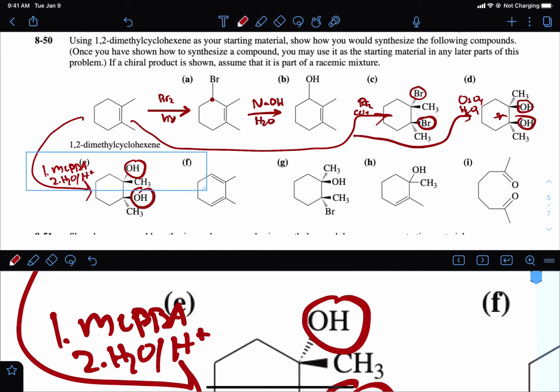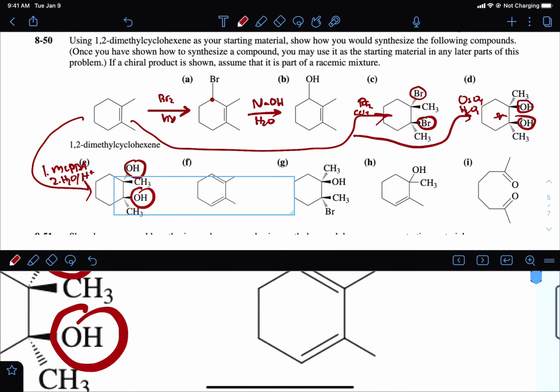Interesting. What do we do for this? Let me check the answer key. I wonder what they're thinking of here.